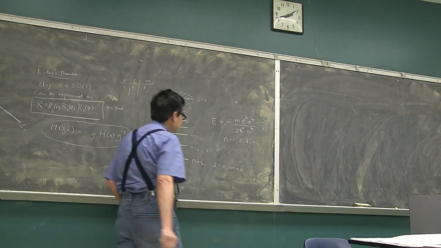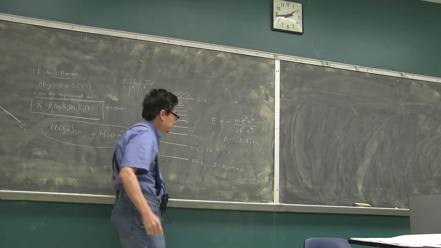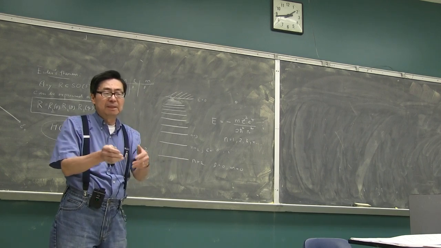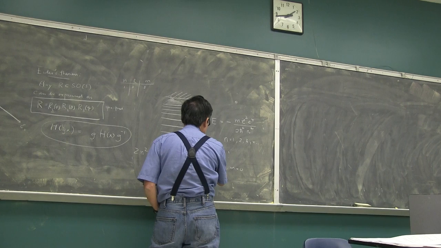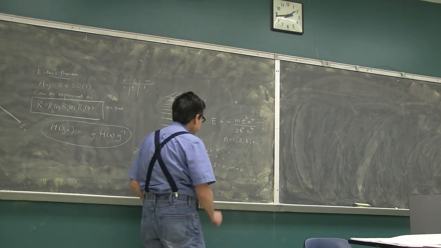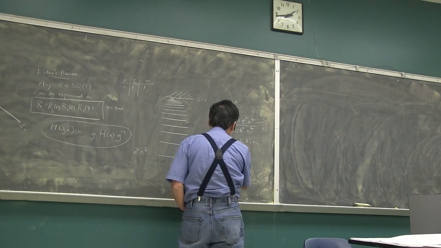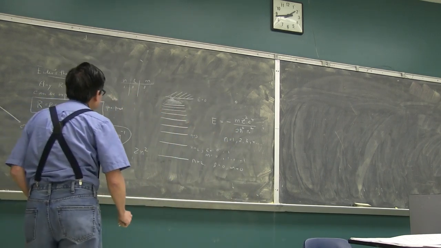0 and 1. Now, for each of these L values, m can go from plus L to minus L, right? So when L is equal to 0, m can only be equal to 0, right? But when L is equal to 1, m can be 1, 0, and minus 1, okay?